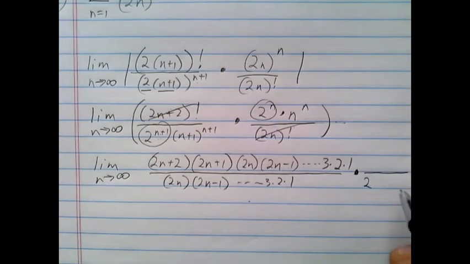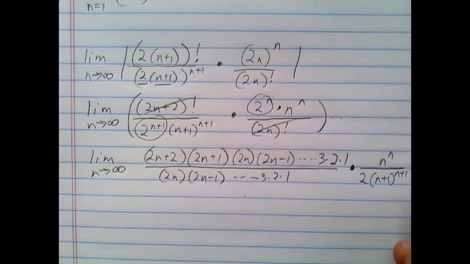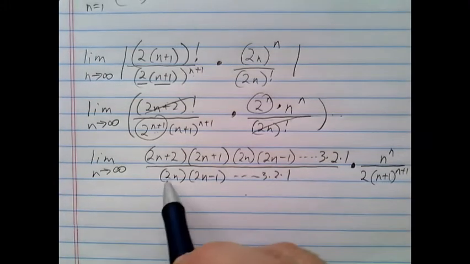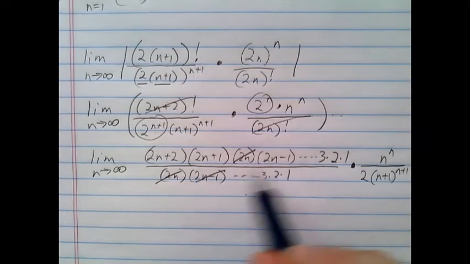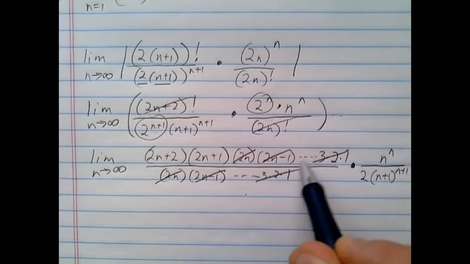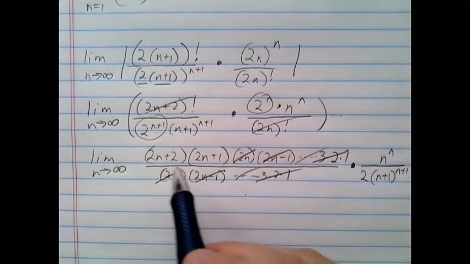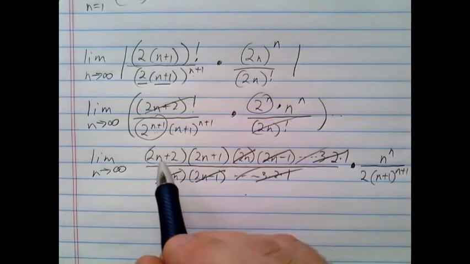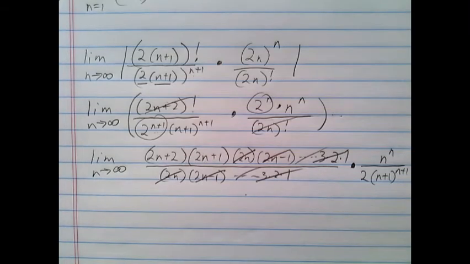So I'll keep that. And I've still got this n plus 1 to the n plus 1 and an n to the n. Now, I can do some canceling over here with the factorials. Basically, with the factorials, everything's going to cancel out except the 2n plus 2 and the 2n plus 1.